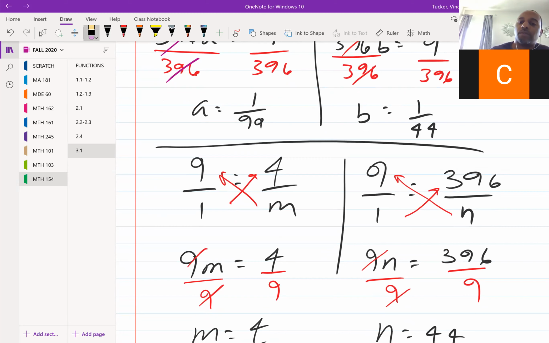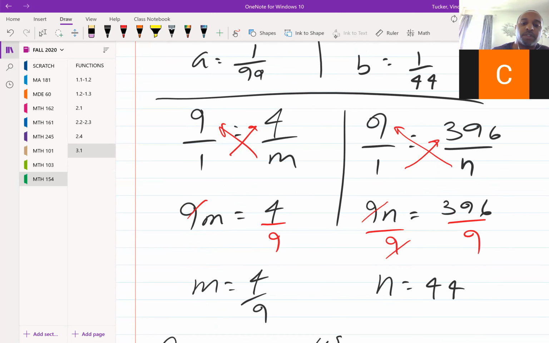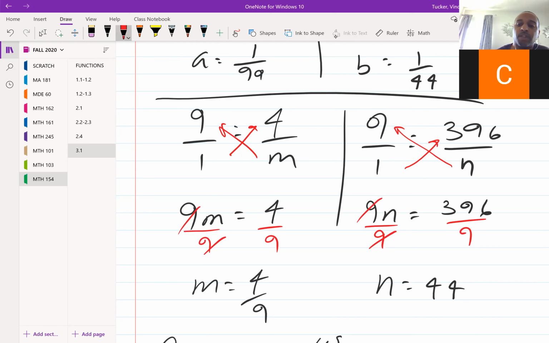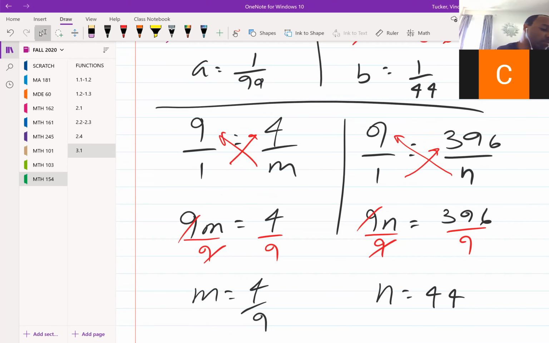And following that same procedure of cross multiplication once you set up your proportion. So that'll be 9 times M, 1 times 4 on the right, and then divide by 9. You get 4/9. Here, when we divide by 9, we get 396 over 9, which is 44. All right, questions?